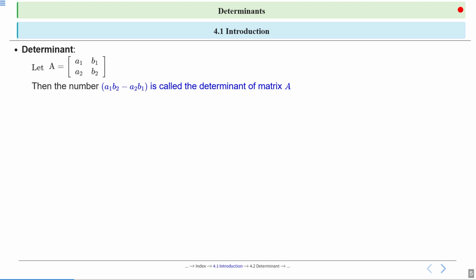Then the number a1 b2 minus a2 b1 is called the determinant of matrix A. Okay. And if this value, the determinant, is not equal to 0, then the system of linear equations has a unique solution. So by using determinants, we can solve the system of linear equations.